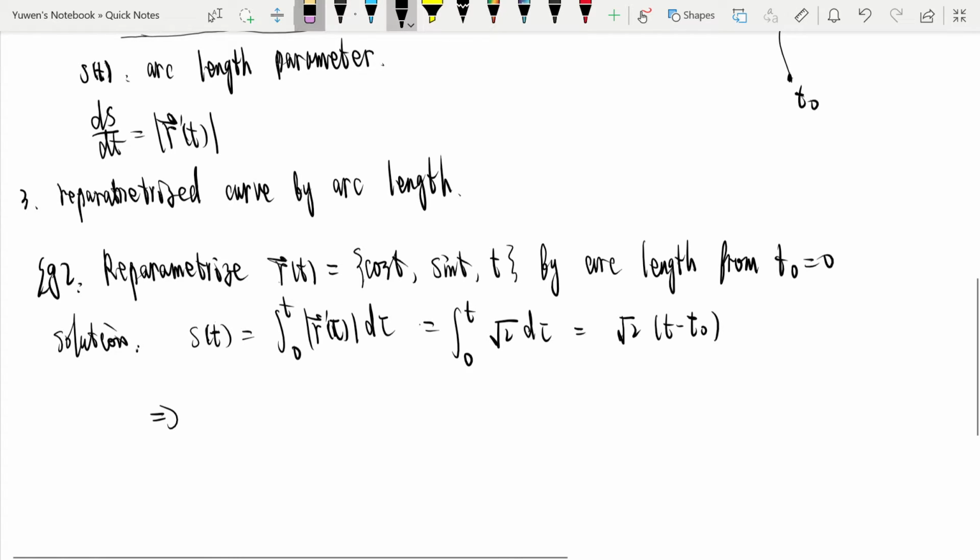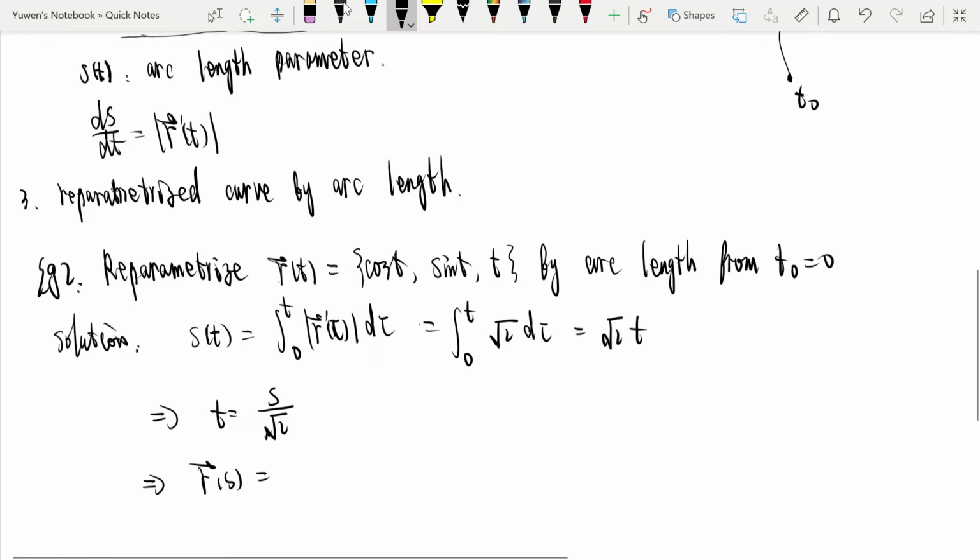So that's square root 2 t, and hence t equals s over square root 2. So the r(s), we replace t by s over square root 2.